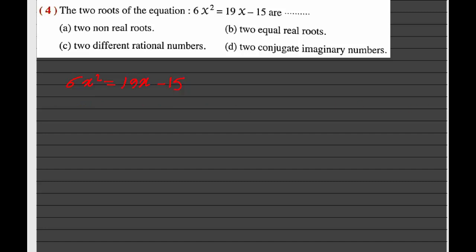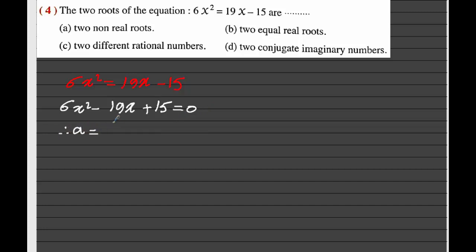So we have 6x squared equals 19x minus 15, and from that we can deduce that 6x squared minus 19x plus 15 equals 0.